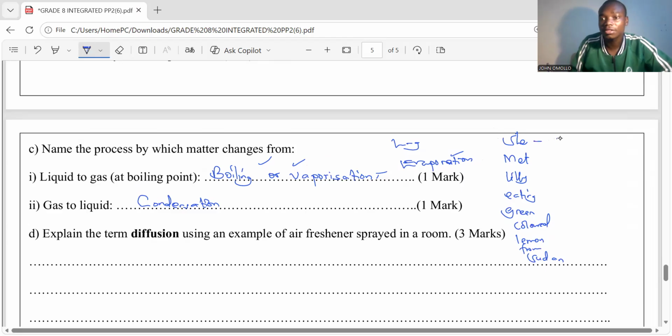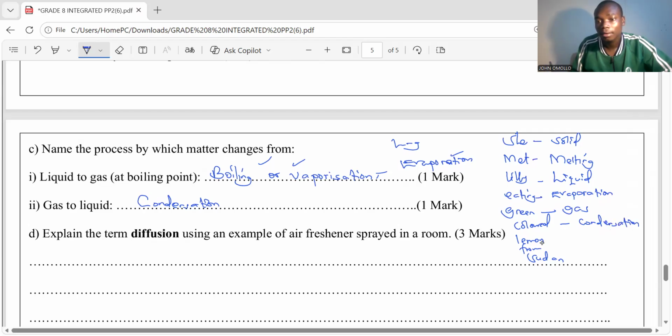So this is a formula where she stands for solid, met stands for melting, Lily stands for liquid, eating stands for evaporation, green stands for gas, colored stands for condensation, lemon stands for liquid, from stands for freezing, Sudan stands for solid.